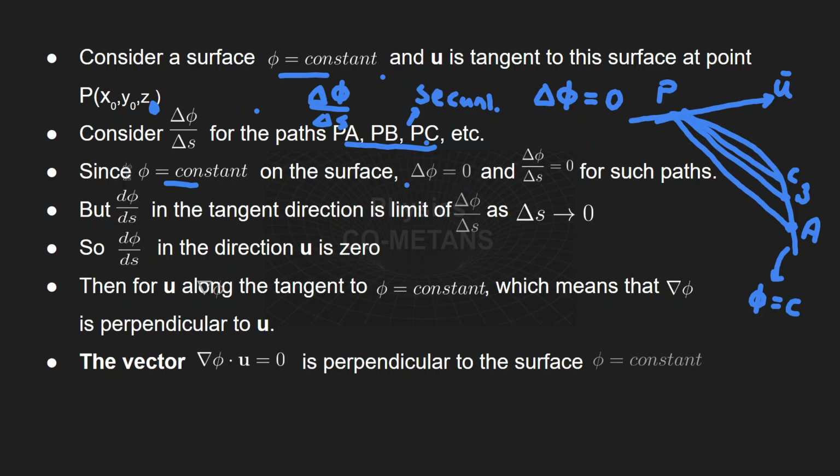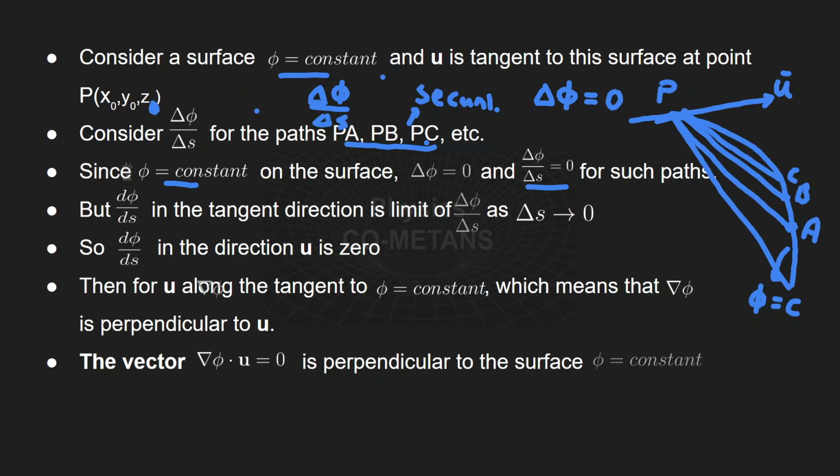So if delta phi is 0, then I can say that delta phi by delta s is also 0 for any such path, for whatever paths we take, PA, PB, PC. Any other path also, if I extend this and say that this is another point, d phi by ds will be 0.